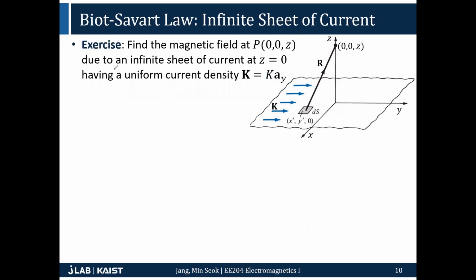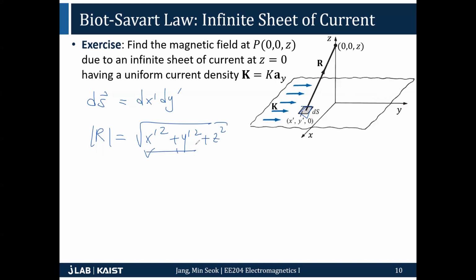So XYZ is more appropriate. In this case, dS is of course dx prime dy prime, the infinitesimal surface component. And then R is x prime squared plus y prime squared plus z squared. x prime, y prime are the source position, and z unprimed is the point of interest, right?